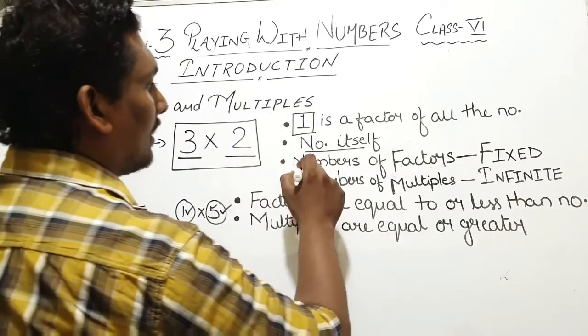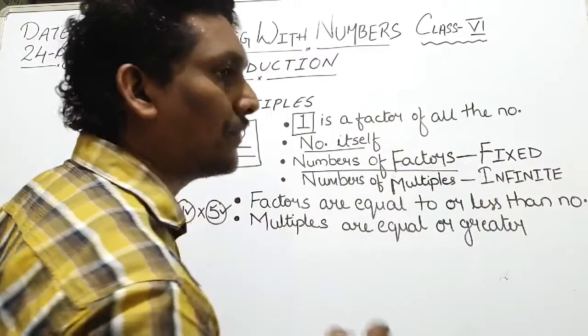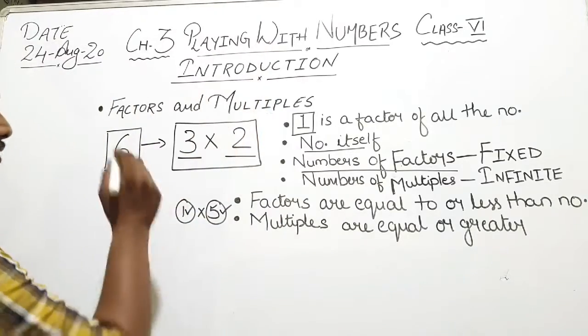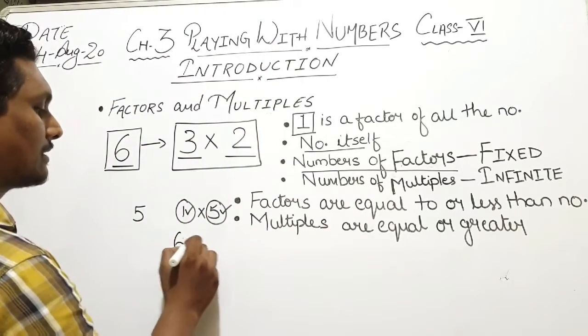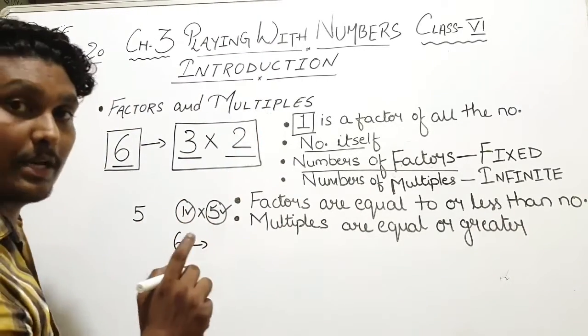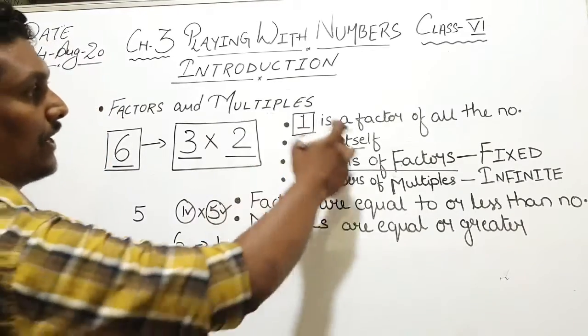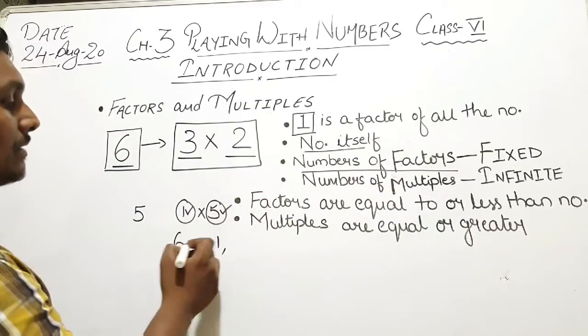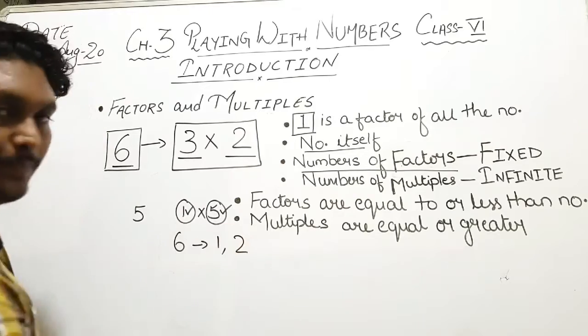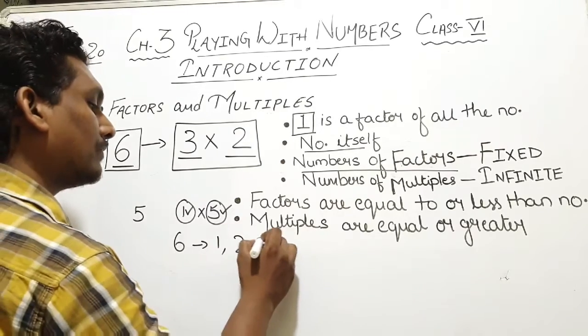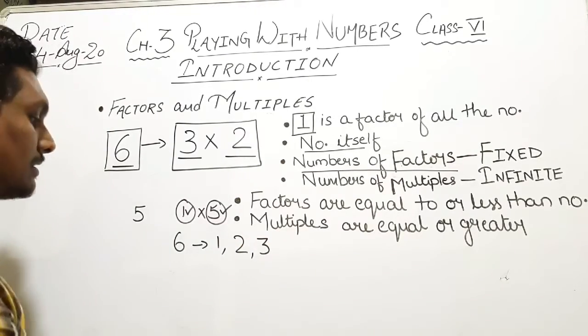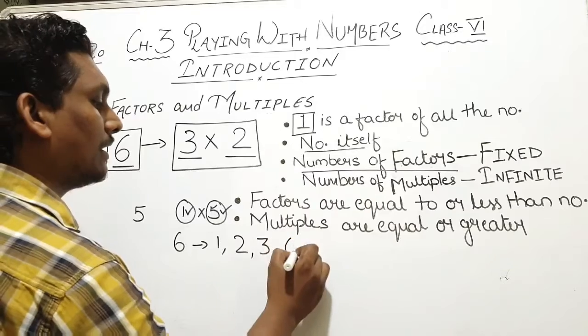In the same way, the number of factors is fixed. For example, suppose I have taken the number 6. So 6 comes in the table of 1, because 1 is a factor of all the numbers. Then it comes in the table of 2, then in the table of 3, and at last in the table of 6.